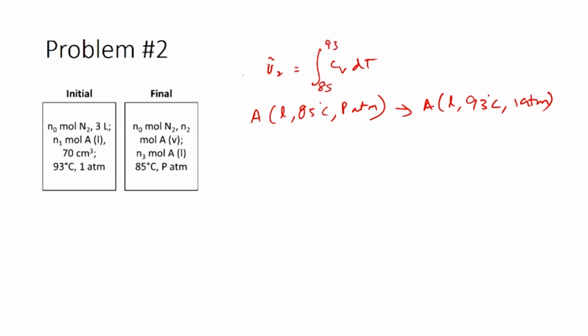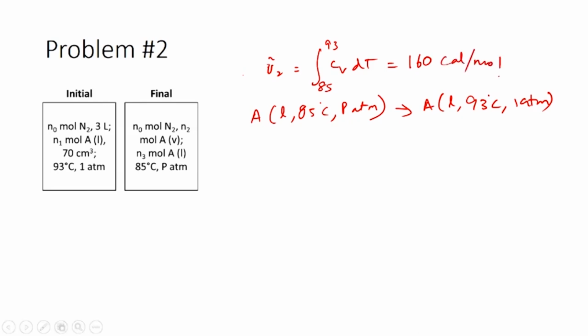We already calculated the Cv for the liquid component A. Using that, we would be able to calculate the change in internal energy U2 cap for this process. So, this would be 160 calories per mole.